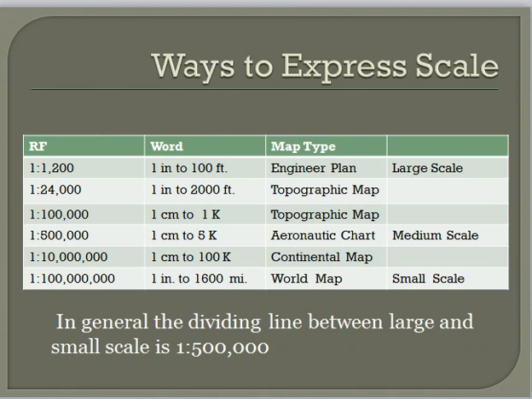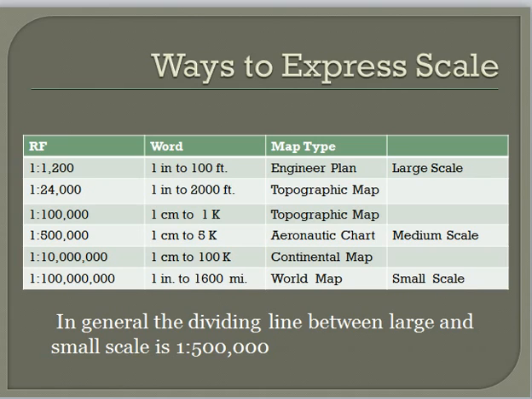So you can compare these different types of statements with the representative fraction 1 to 1200. In words, it would be 1 inch to 100 feet, and that would be kind of an engineering plan, and that would be a very large scale map.